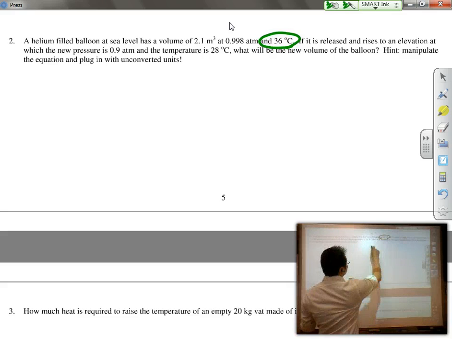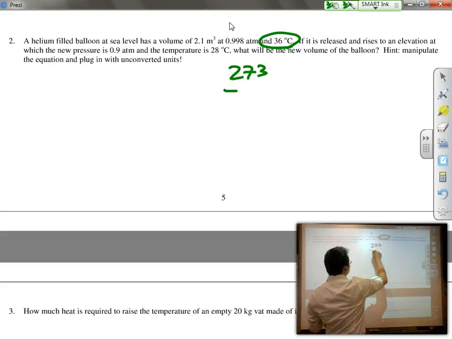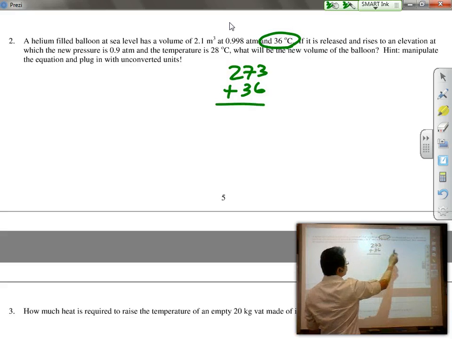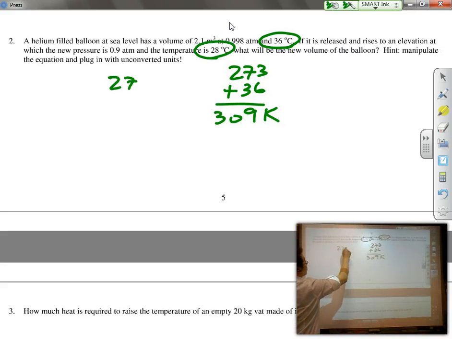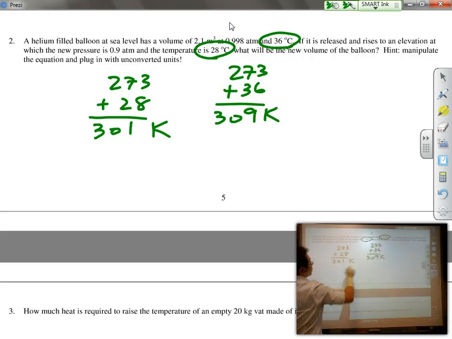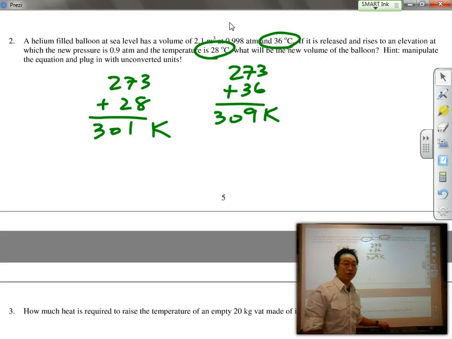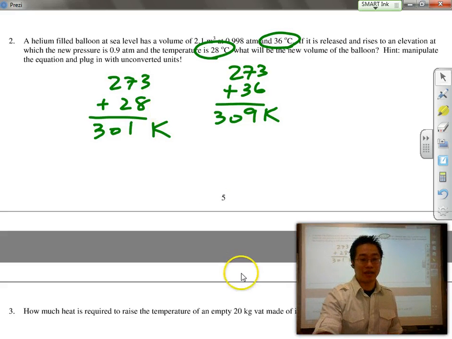So 273 plus 36 would equal 309 Kelvin. Okay, and when you take the 28 degrees Celsius, you want to convert that as well. 273 plus the 28, you get 301 Kelvin. Okay, so make sure that you always convert, especially temperature, when you are doing ideal gas law questions.